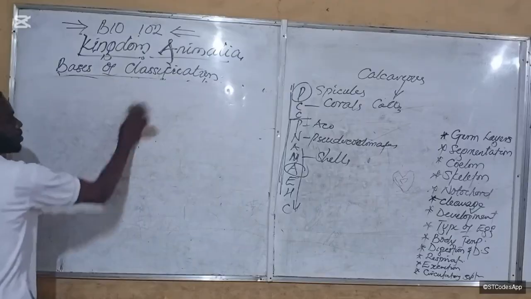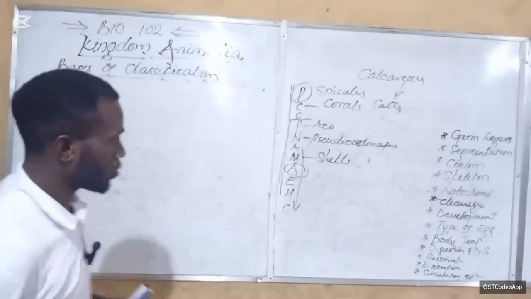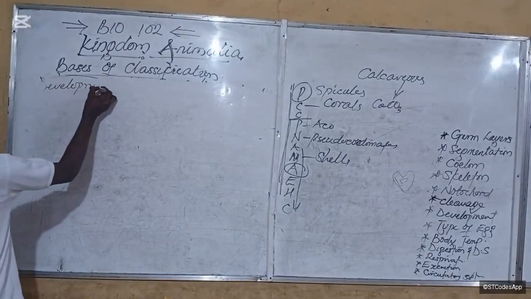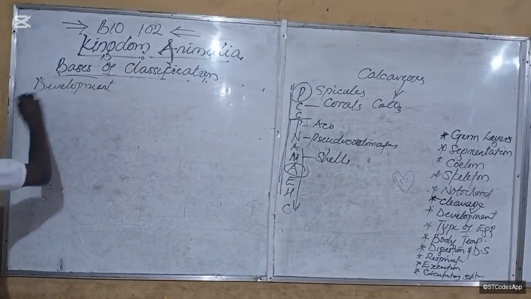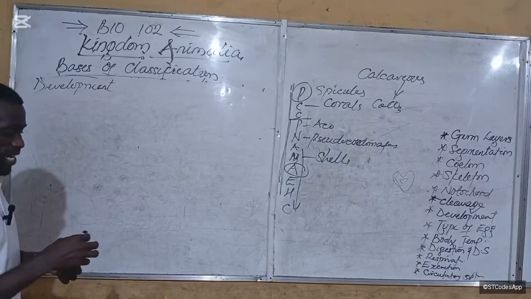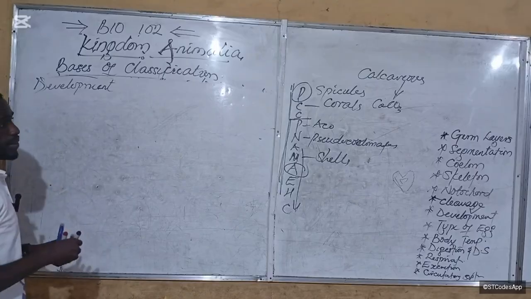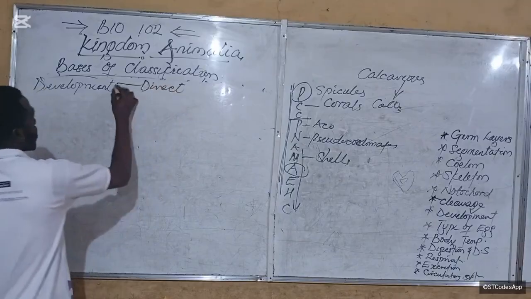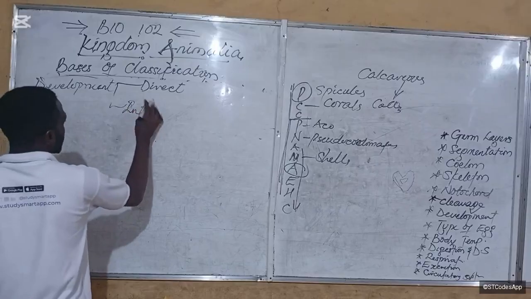Then the development, okay? Based on development, organisms are characterized as having either direct development or indirect development.